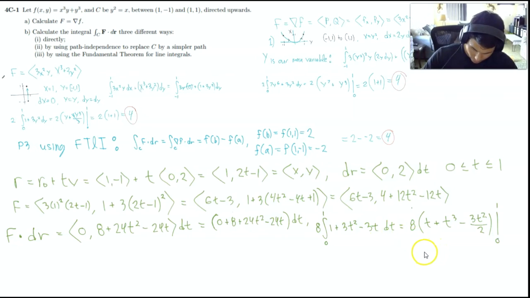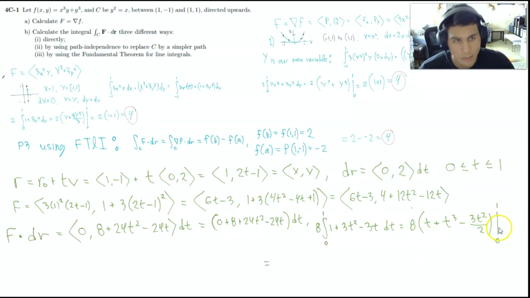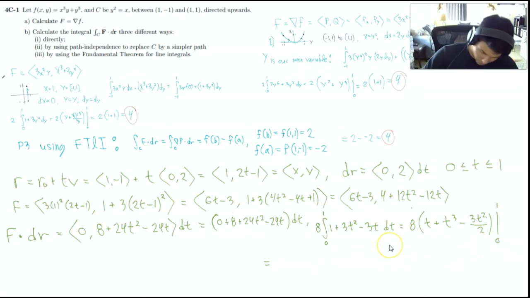So let's guess what this should be. I'm going to guess 4, because I keep saying that everything in the end should equal 4 because the path is independent. So let's see if this is equal to 4. This would be 8 times, this would be 1, this would be 1, this would be minus 3/2.